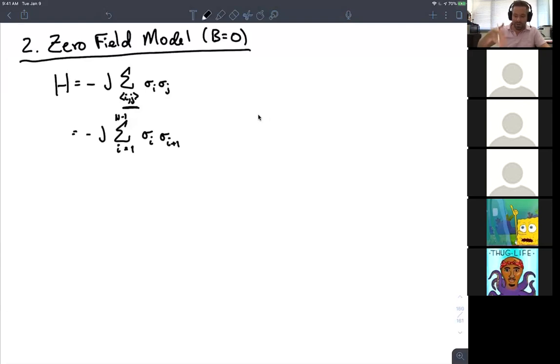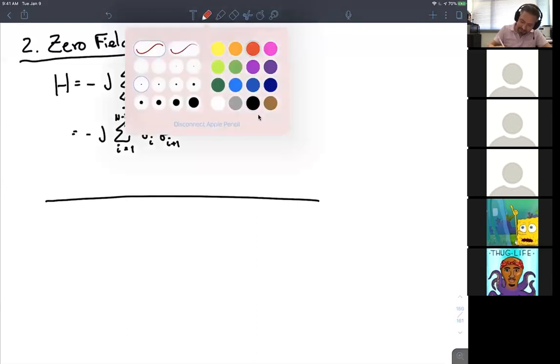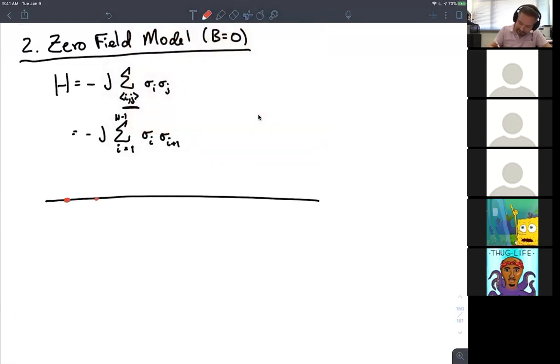All right, but now what we get for this sum depends upon what we choose for our boundary conditions, because our lattice that we're summing over is just a one-dimensional chain of spins. We start at I equals 1 and go all the way down to I equals n, and then the question is, what happens when we get to n?